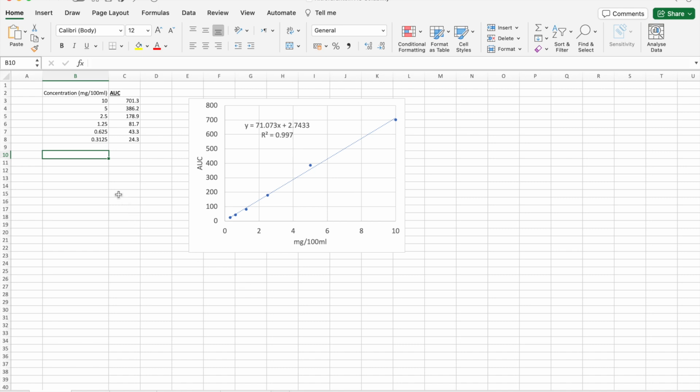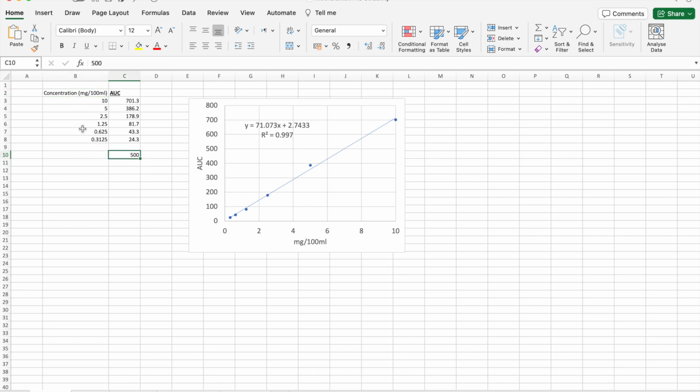So then we create our calibration curve, and we have some unknown quantity, x, some unknown concentration, and let's say that that experimental value gives me an area under the curve of 500. The machine tries to detect the concentration of drug in solution, but it provides me with an area under the curve value, and that value needs to be translated back to concentration.